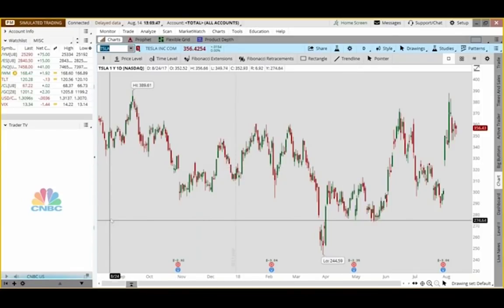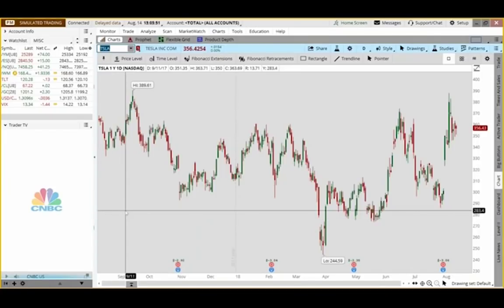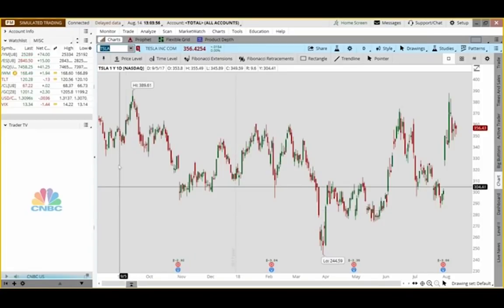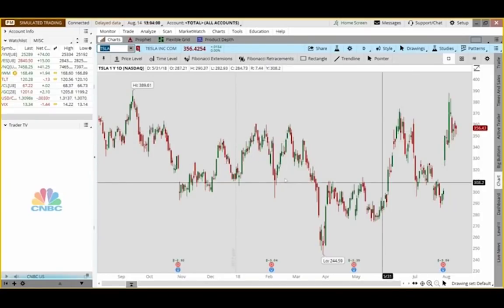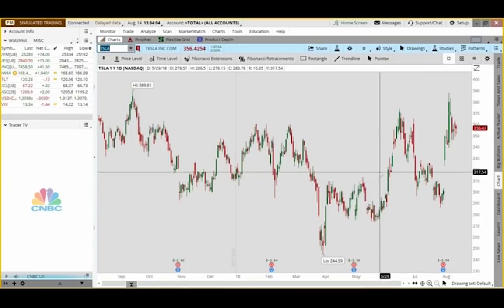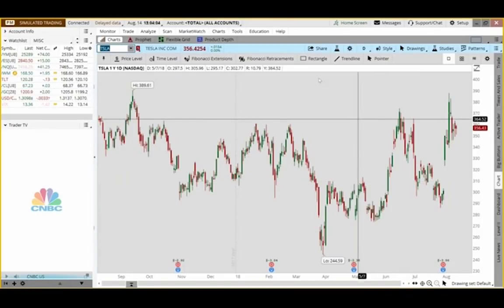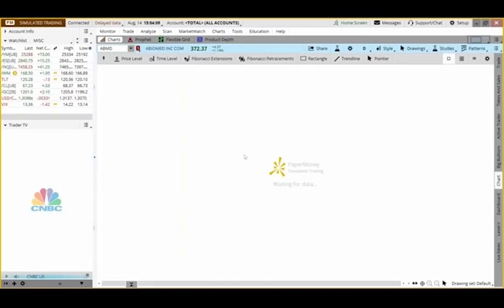Obviously, the other one is very predictable. The odds are in our favor that things will continue to go in the direction they're currently trending, as opposed to this, which is just a chop fest back and forth. So no matter where we enter here, chances are great that we're going to get stopped out. And that's what makes it so difficult. So you always want something clean like this.